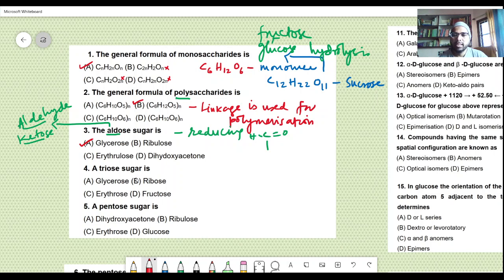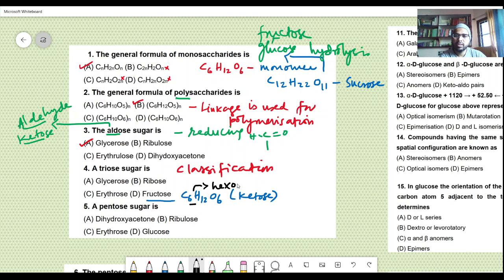Then, on similar classification, triose sugar is glycerose, ribose, erythrose, fructose. You can eliminate one by one. Fructose is C6H12O6 and has a keto group, and it has 6 carbons, so it is a hexose. It's asking for a triose, which should have only 3 units.